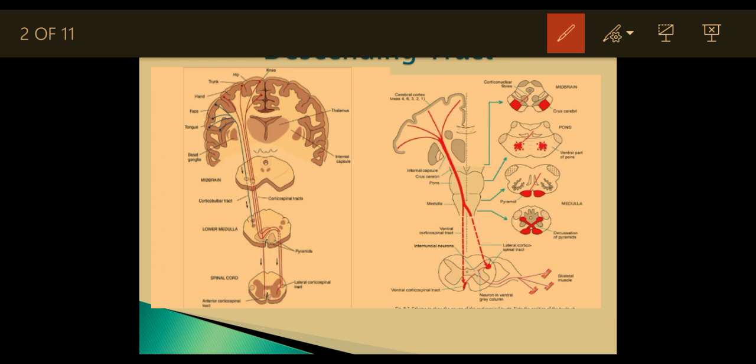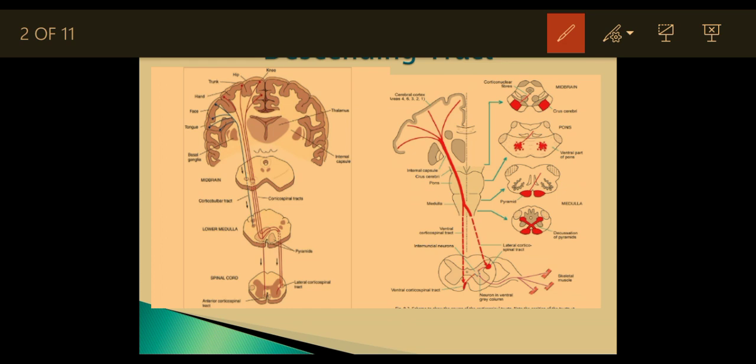So they are called lower motor neurons, which give the termination for this descending tract. The upper motor neurons are present within the brain, either in the cortex or the subcortical area, where the descending tract fibers originate.